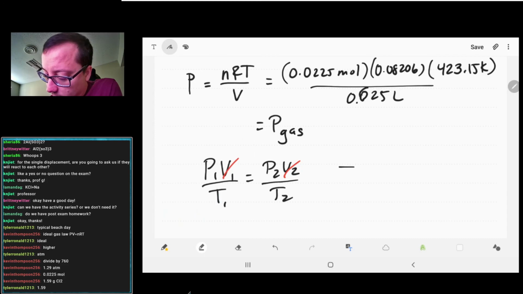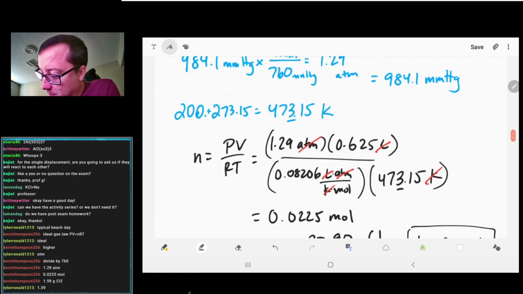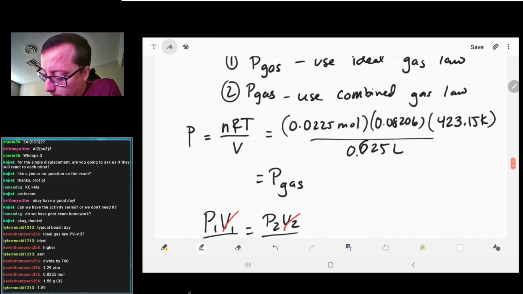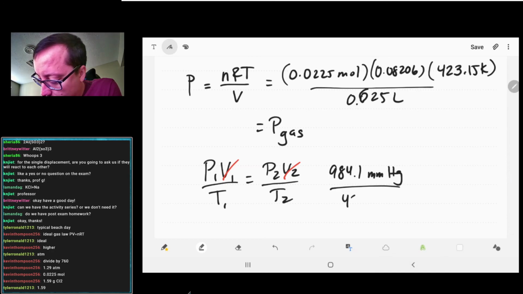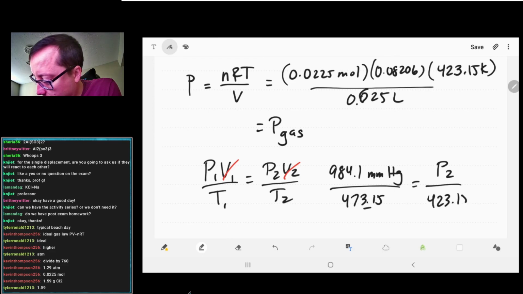We could take our initial pressure over 473.15, and divide it instead by 423.15. We could solve for the pressure of the gas that way. The new pressure, that is.